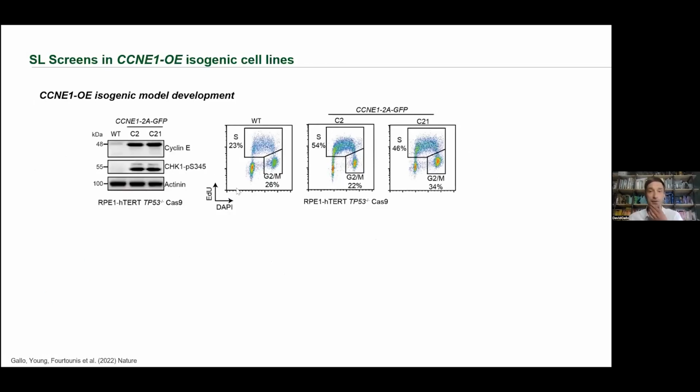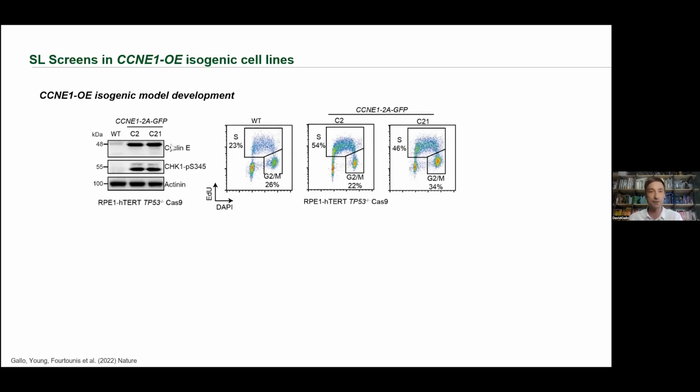Keeping in mind the concept of what Stephanie was explaining, we chose to use cyclin E overexpression as an isogenic model for our initial screens in this paper, which has recently been published in Nature. We created cyclin E overexpressing cells and picked 2 different clones. The first step is characterization of the isogenic model.